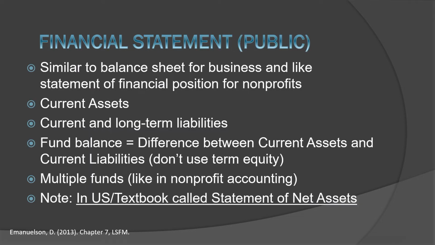They're very similar to balance sheets and similar to financial statements of nonprofits. They always have current assets, current and long-term liabilities. They have different fund balances, again because they're not using the term equity, and they have multiple funds, like nonprofit accounting.